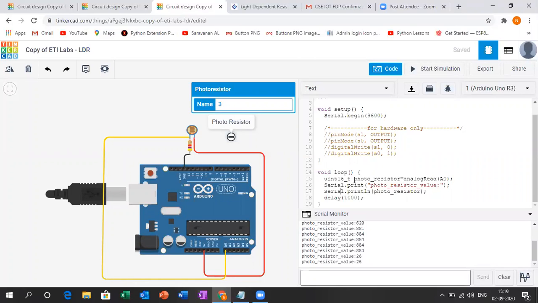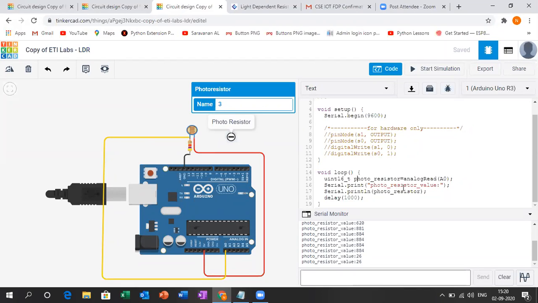In the void loop, I used a variable called photoresistor that takes the input from the analog pin of this sensor through A0. So it performs an analogRead, and whatever value it takes from the analog pin of Arduino, it just puts into this photoresistor variable.